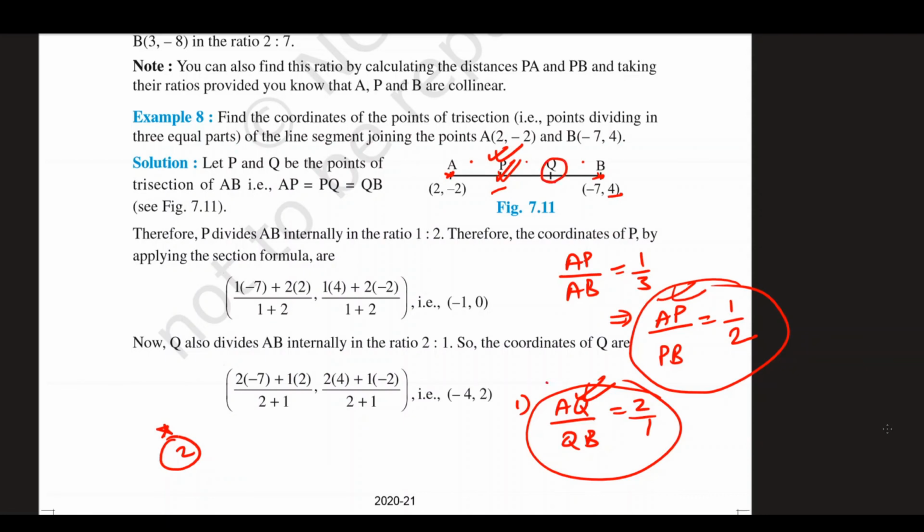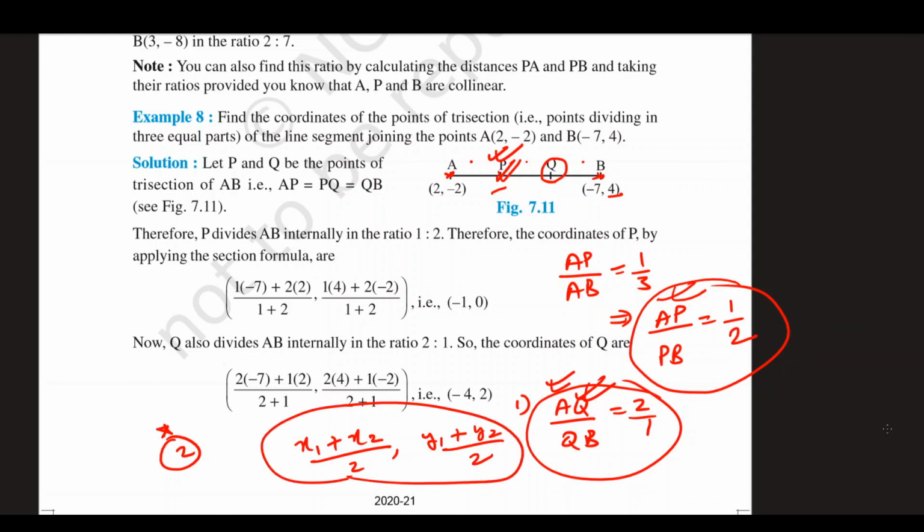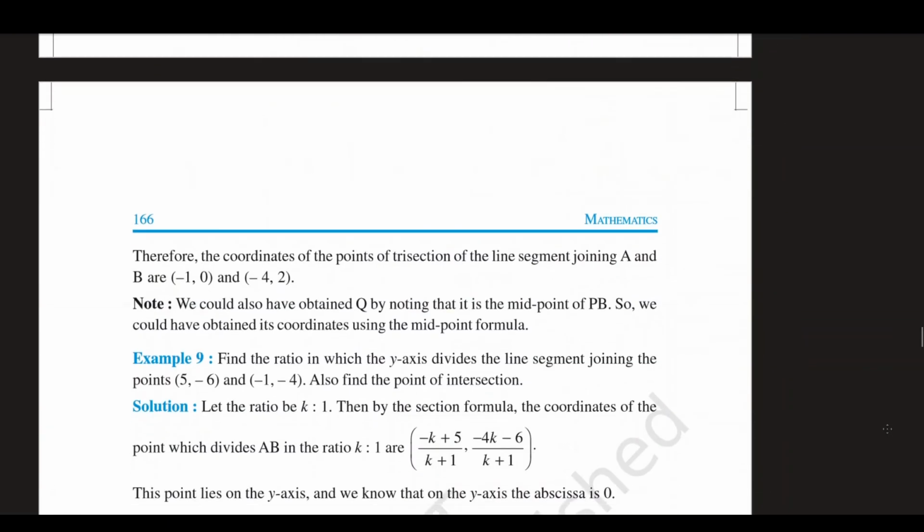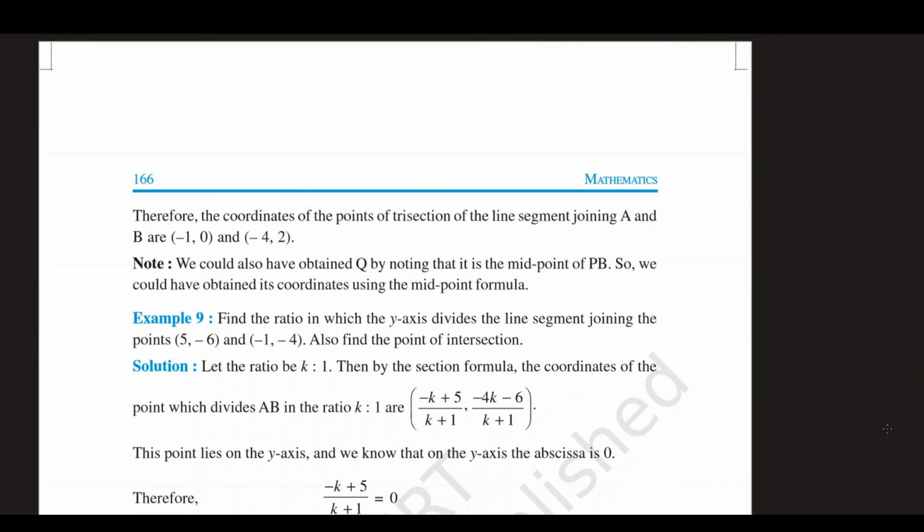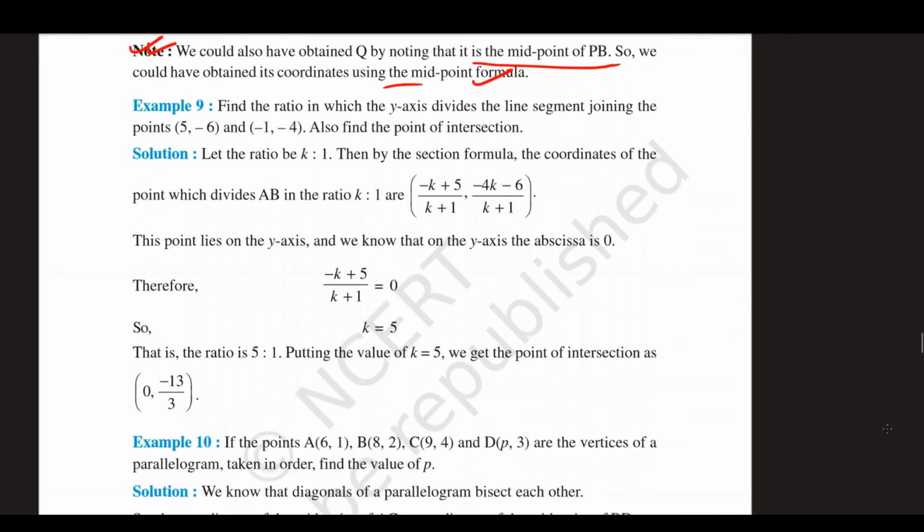Taking the midpoint is easier than applying the whole section formula with 2:1, because you just have to take x1 plus x2 by 2 and y1 plus y2 by 2. Why does the second way work? Because the ratio is 1:1, PQ is equal to QB. We have also obtained Q as the midpoint of PB, so we could have found the coordinates using the midpoint formula as well.